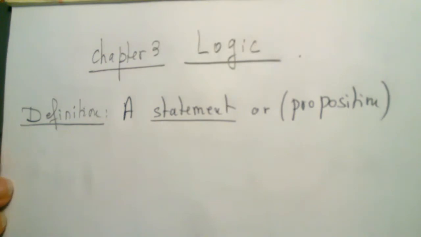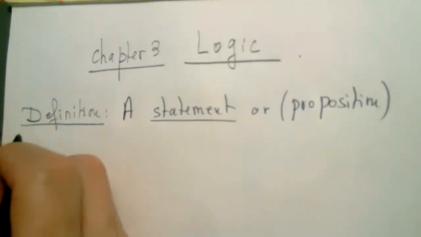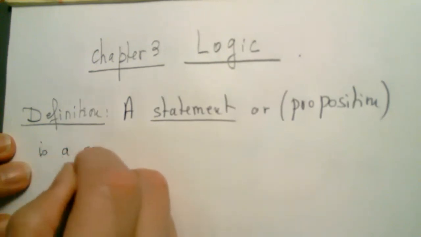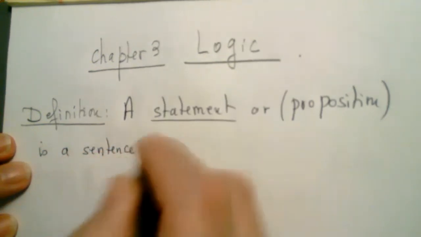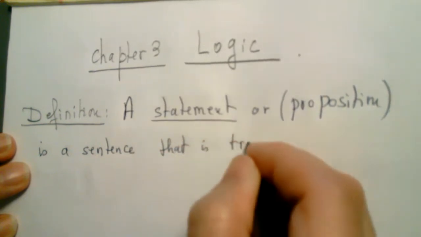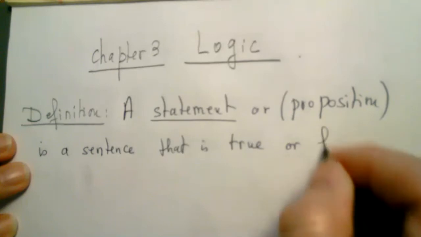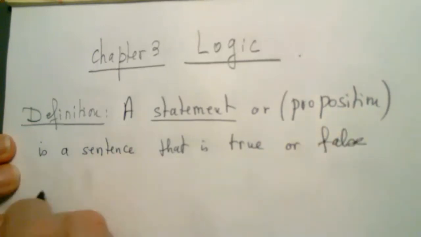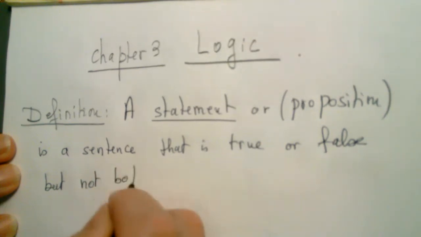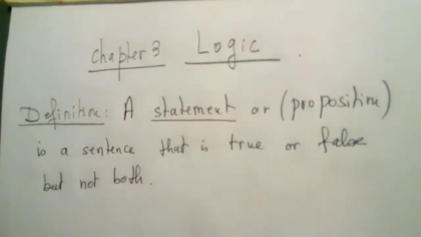A statement or a proposition is a sentence. Nothing more, nothing less. Is a sentence that is true or false, but not both. Okay, so in math, a statement is nothing more than a sentence which is true or false, but not both.